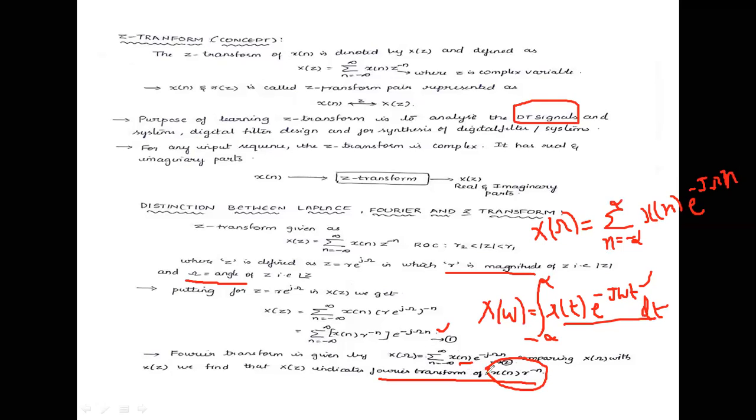Now comparing these two equations, X of z indicates the Fourier transform of x of n r to the power minus n. This is the relation between the Fourier transformation and the Z transform. And we already have a relation between the Fourier transform and the Laplace transform also.